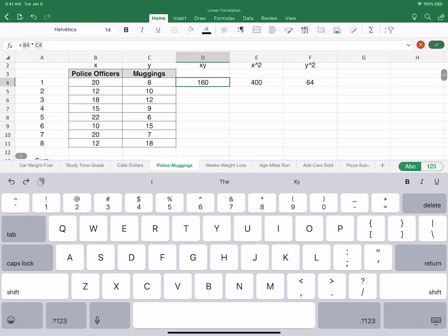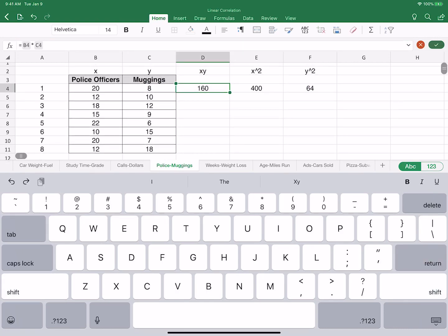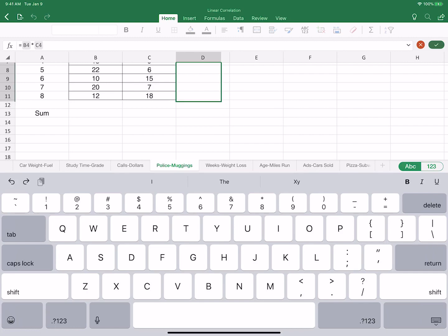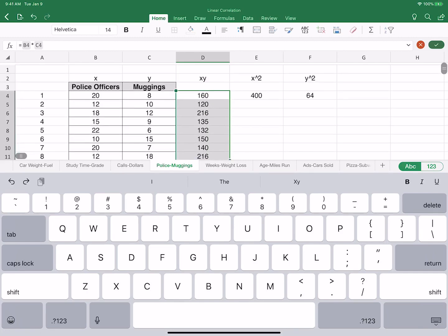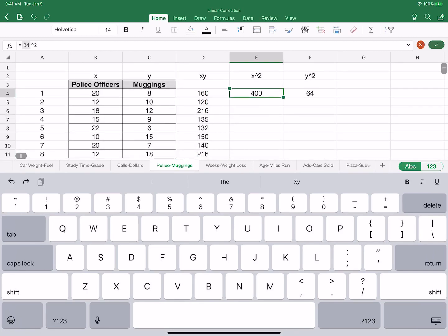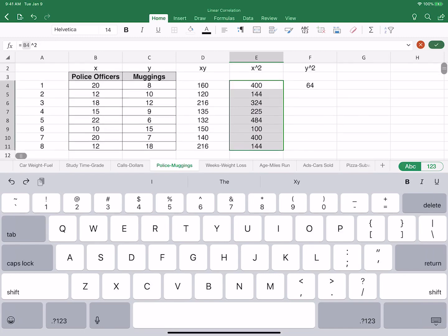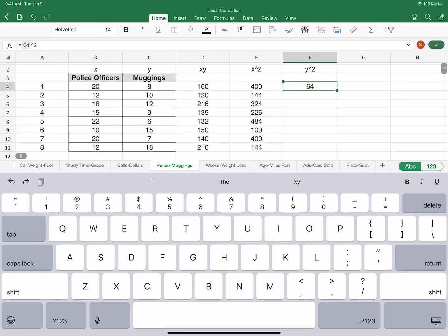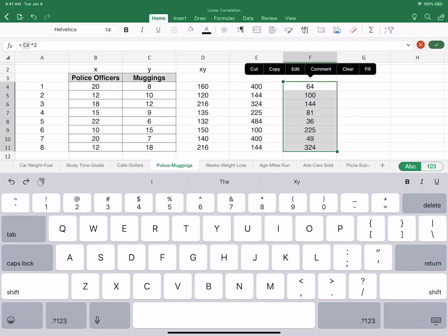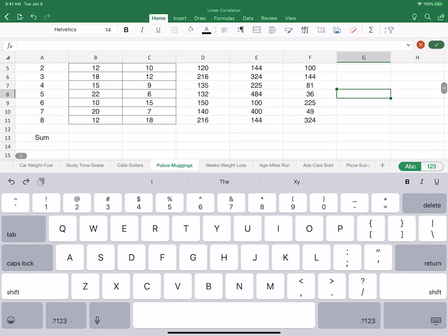And what am I going to do for the rest? You guys remember? We're going to do that autofill. That's going to streamline the process of the arithmetic. We're going to do the same thing here. All right, and then I'm going to take this one here. There we go. We need the sums.